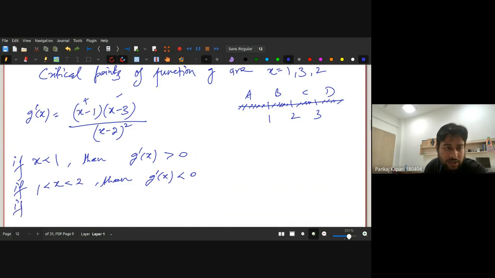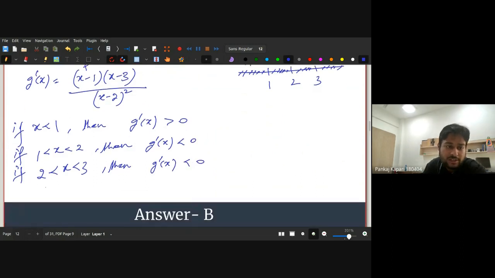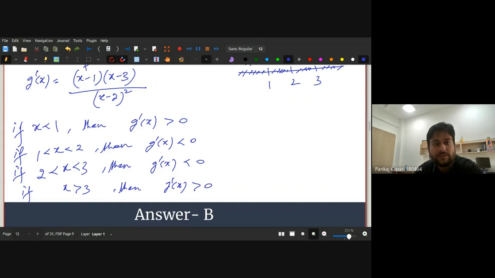Again, if x lies between 2 and 3, the same thing will happen: x minus 1 is positive and x minus 3 is negative, so the derivative is still negative. And if x is greater than 3, the derivative becomes positive, right? Because x minus 1 is positive and x minus 3 is also positive.